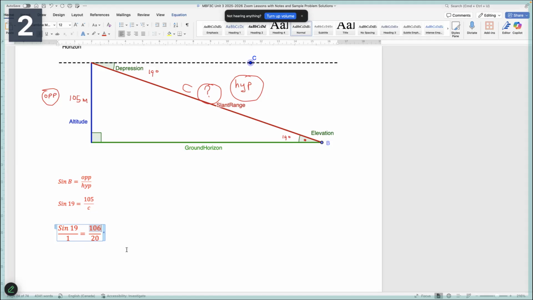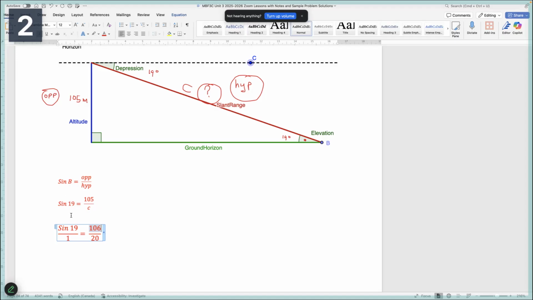Now the next part is to divide each side of the equation by this sine of 19. So here, make a copy of that and paste it in there. Make that a fraction.